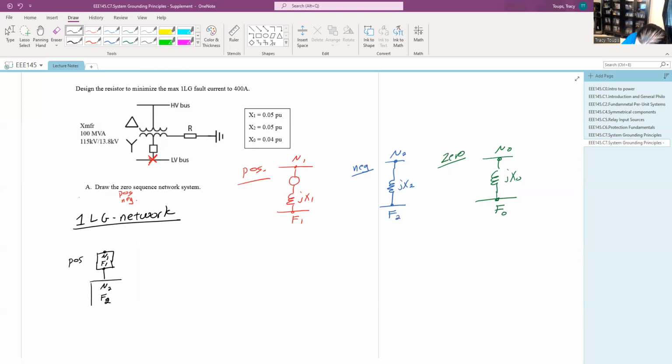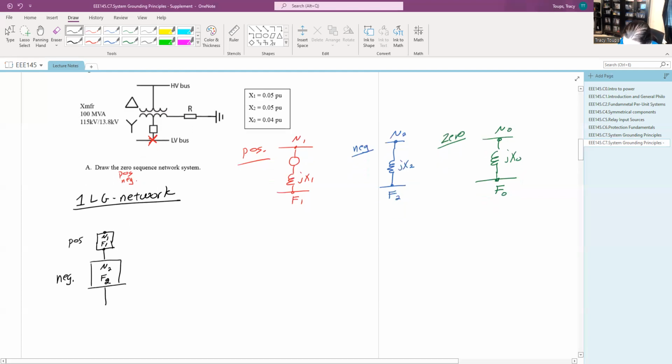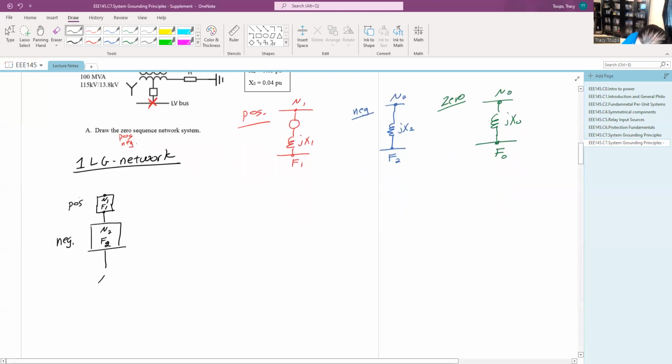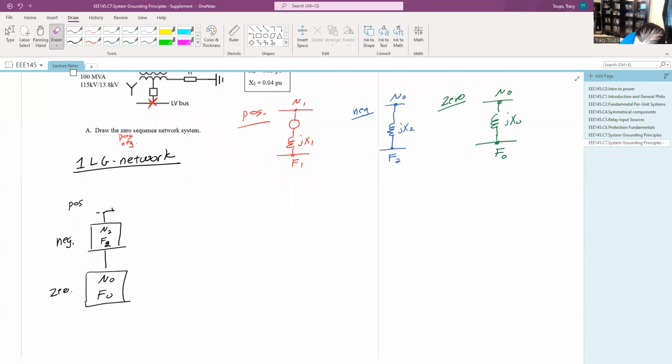That's F2. Okay, let's draw it a little bigger. And then the last one is your zero sequence network, which also is here, N0, F0. Let me redraw this positive sequence network just to make it a little more symmetrical.